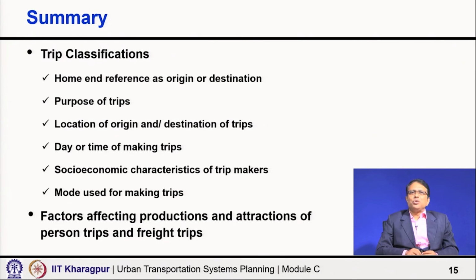Then with reference to location of origin or destination of trips, internal, external, and I say that when and where, what type of classification would be really appropriate. Also classifying trip based on when it is happening. Is it happening in the peak hour or peak period or off peak period? It is in the weekday, it is in the weekend.